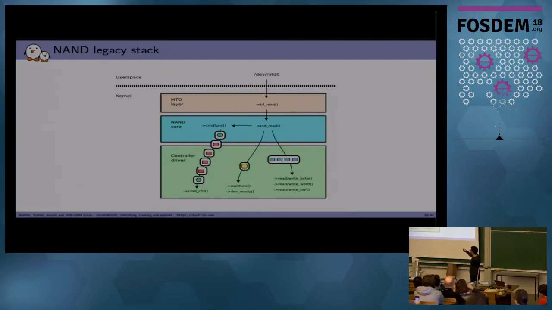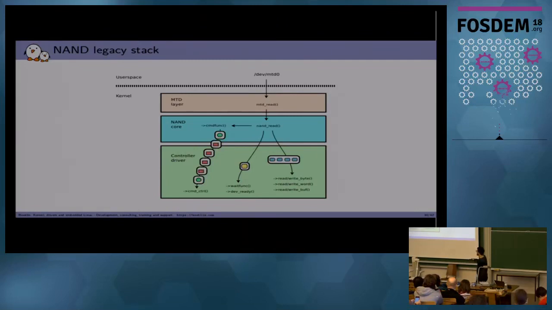It will go through the MTD layer, and the NAND core will first use the command func hook, which is in the NAND core. This hook will call the command control hook from the controller driver with either command or address cycles, one at a time.